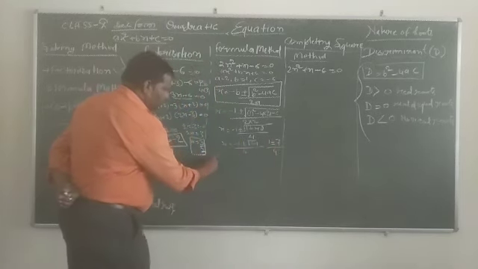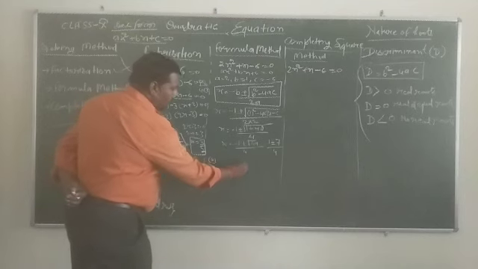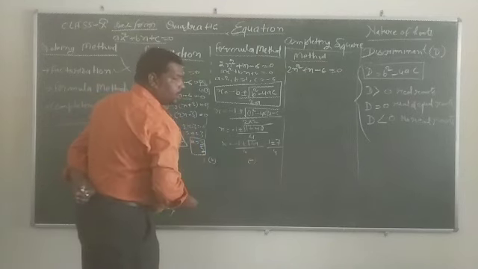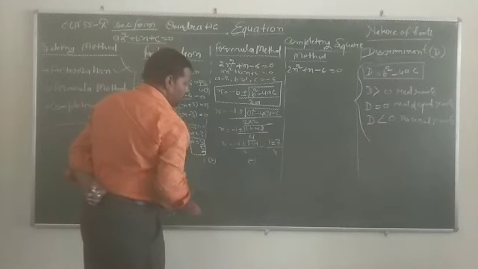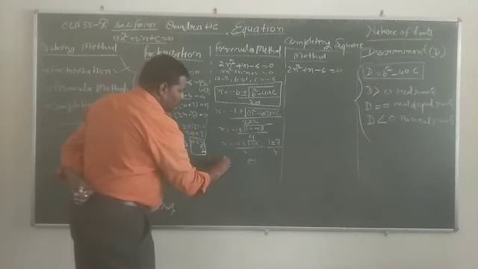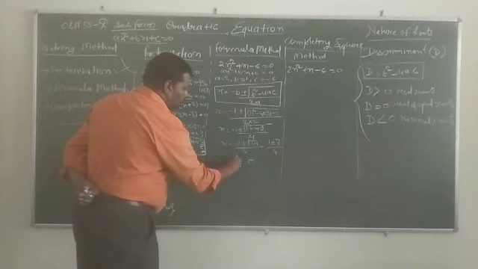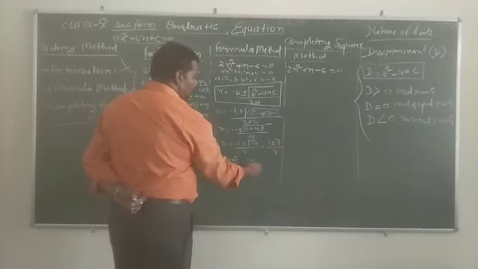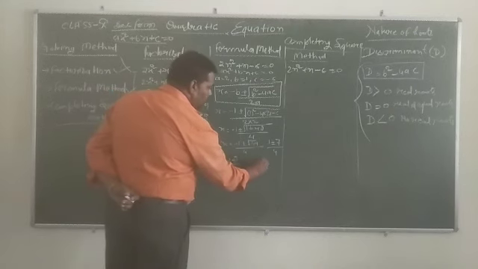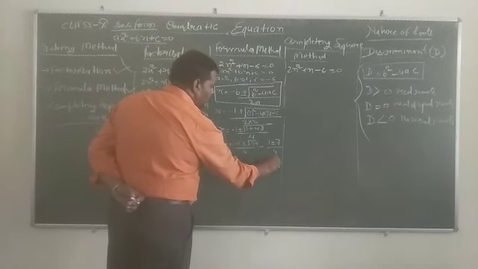So students, one time we take the plus sign and one time we take the minus sign, because there are two signs, plus and minus. So x equals minus 1 plus 7 upon 4. And when we take the minus sign, x equals minus 1 minus 7 upon 4.